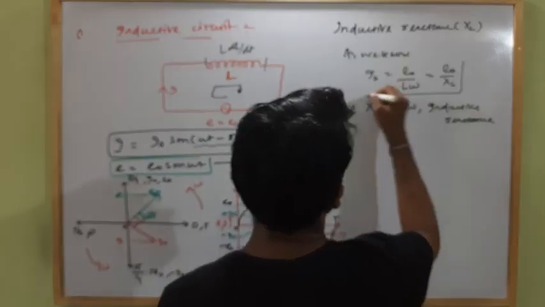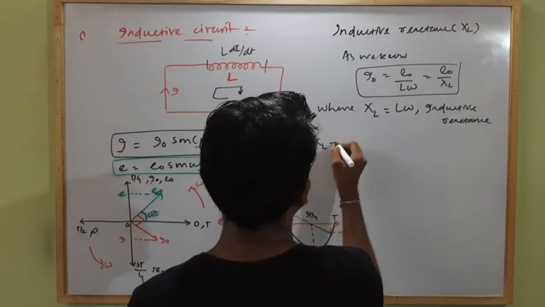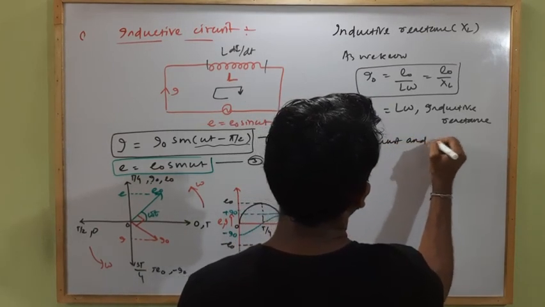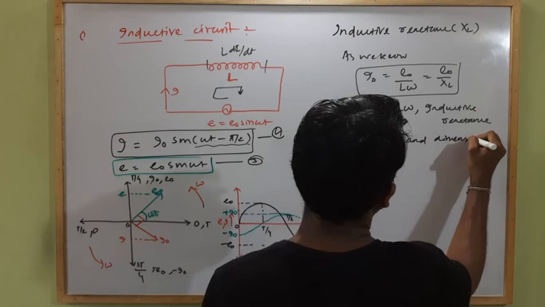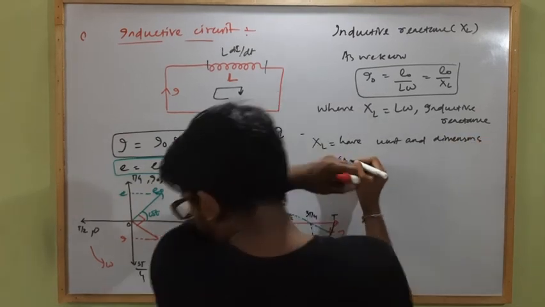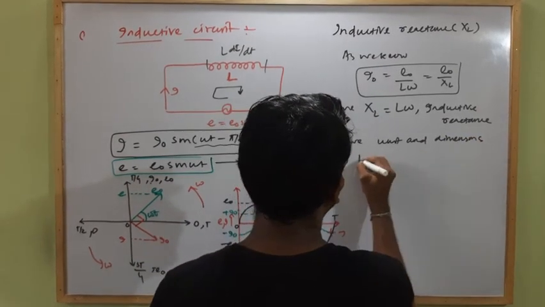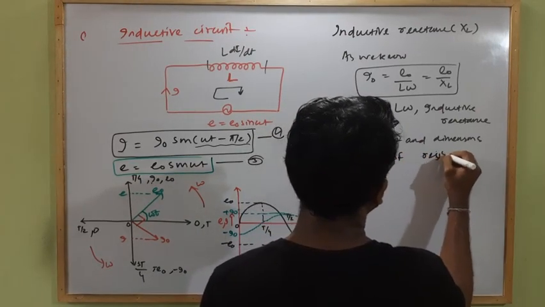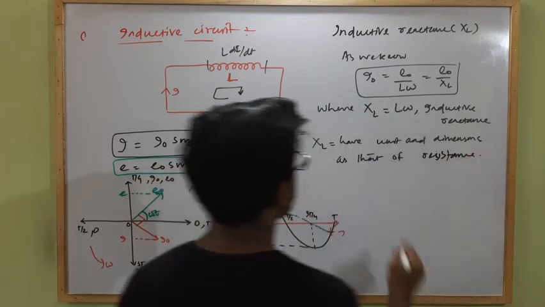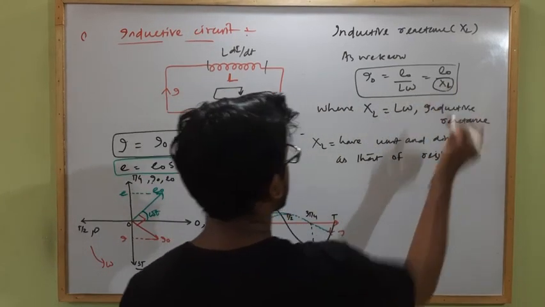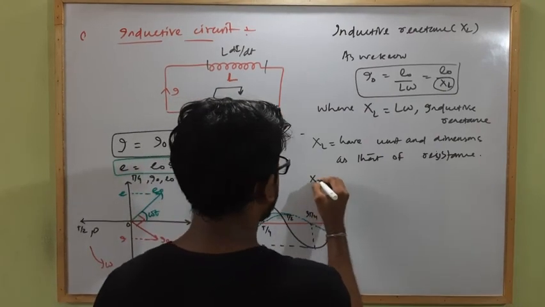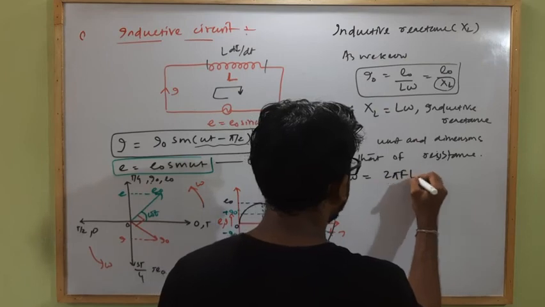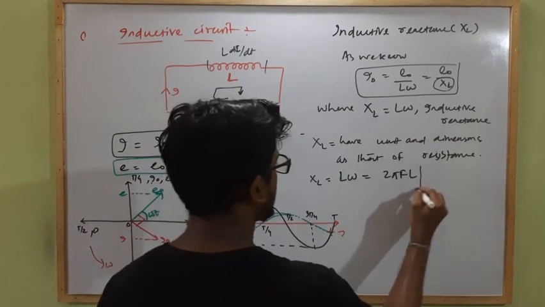Like I equal to V by R, XL has unit and dimension the same as that of resistance. Clear? Because this is also resistance, XL. So we can write XL equal to L omega, or this can be written as 2 pi FL, since omega equal to 2 pi F. So this is the value of XL.